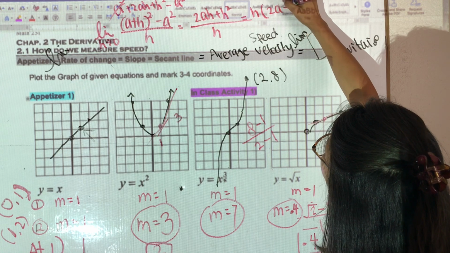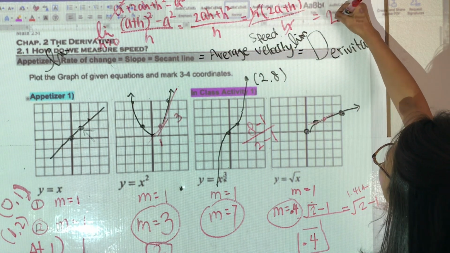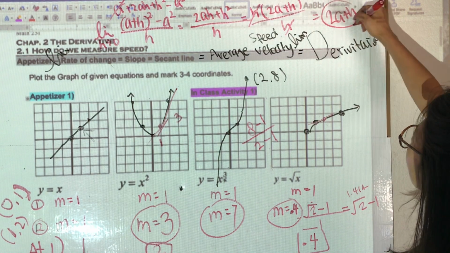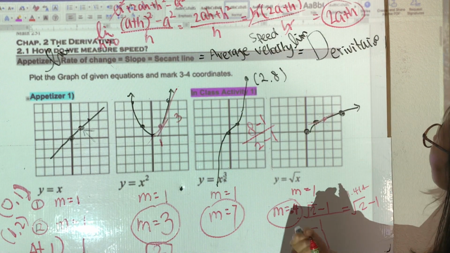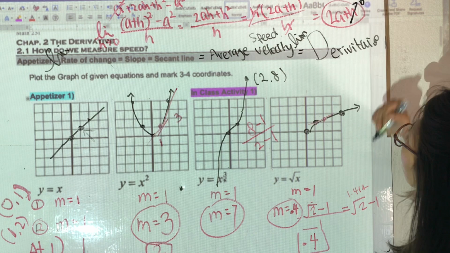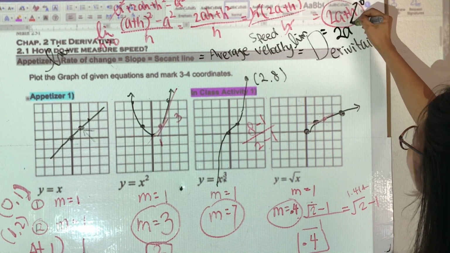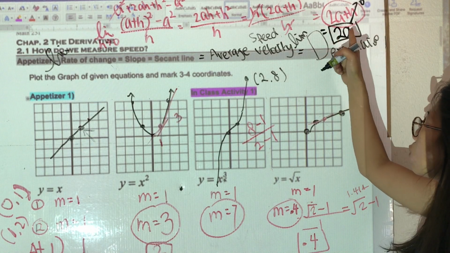So I have 2a plus h, and the h cancels out. So I got my rate of change as 2a plus h. If I'm sending the limit as h goes to 0, then this goes to 0. So as in the previous section, I got the slope formula, the derivative formula, which is 2a.